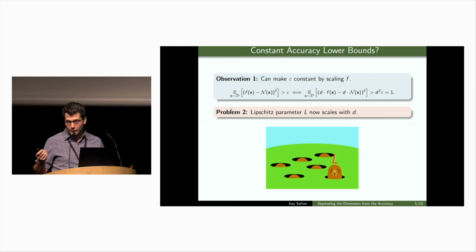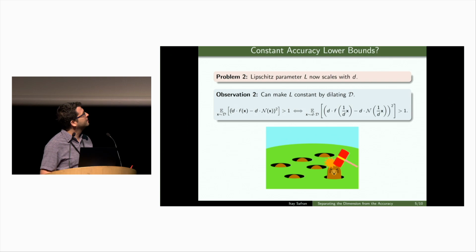But luckily there's also a way to circumvent this, and we can also whack the Lipschitz parameter L. We can do this simply by scaling the input distribution. So if we have our previous lower bound over here, it is valid if and only if this lower bound on the right is valid. By scaling the distribution by a factor of d, we simply draw an instance and multiply all coordinates by d, and this corresponds to scaling the input by a factor of 1 over d.